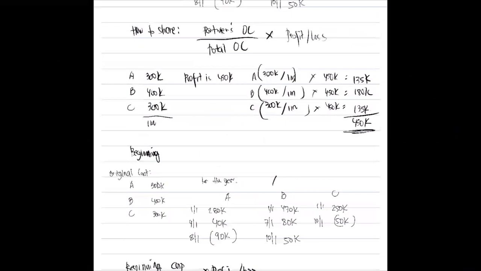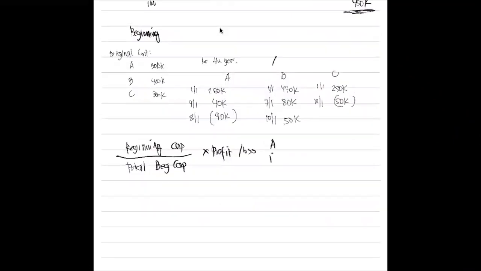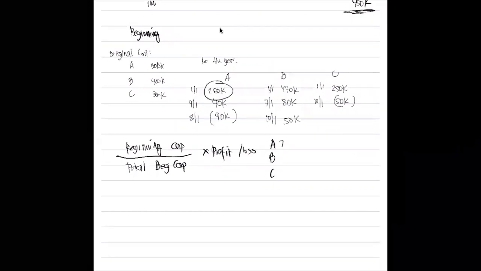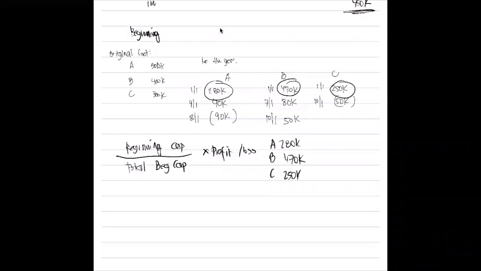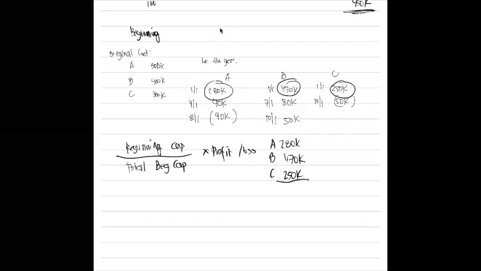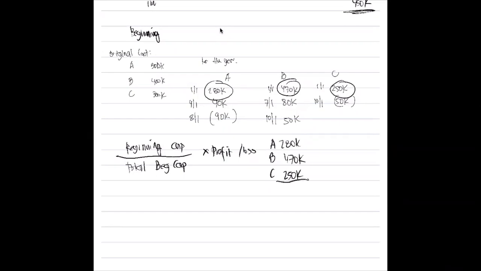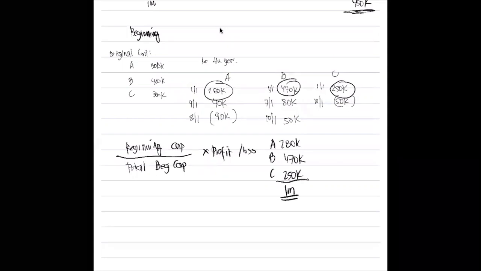So for A, B, and C, what is the beginning capital of A? Andito, 280. For B, 470. For C, 250. Get the total. 280,000 plus 470,000 plus 250,000, we have 1 million.